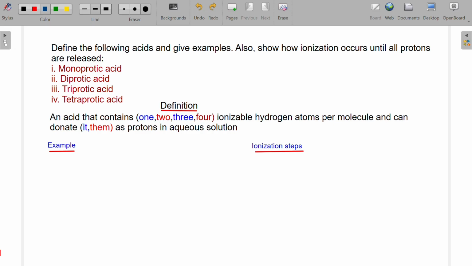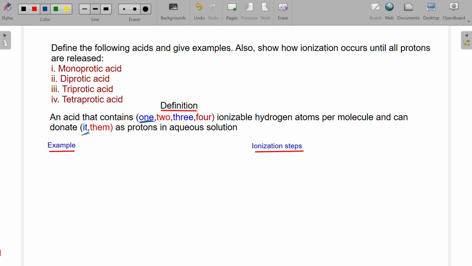Now, what is a monoprotic acid? A monoprotic acid is an acid that contains one, so we are picking just one here inside brackets, ionizable hydrogen atom per molecule and can donate it. Since it's one, we're picking it as a proton in aqueous solution.